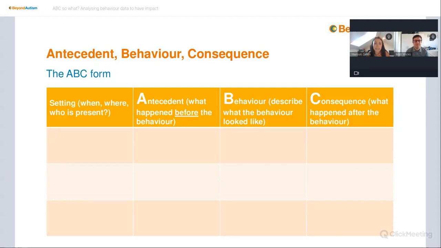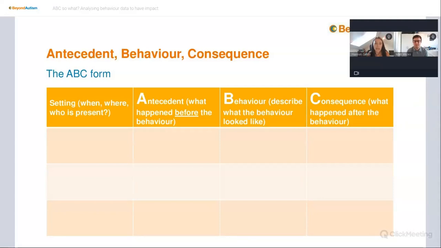It may be presented in different ways that you've seen before, but essentially it's looking at what's the setting, so when, where, or who is present, what the antecedent is, so what happened before the behaviour occurred, so writing anything that happened within the environment at that time, what the behaviour was, so really specifically describing exactly what you see.